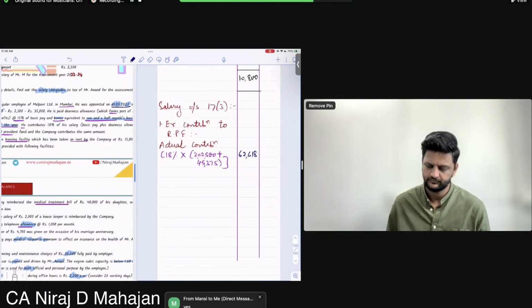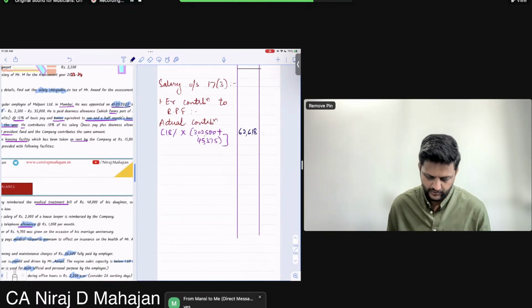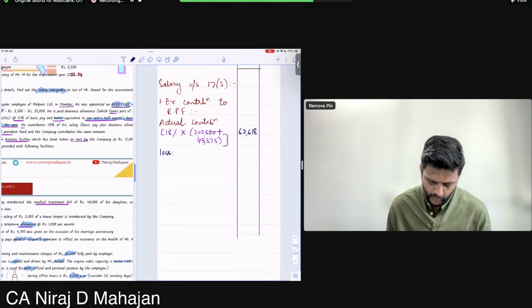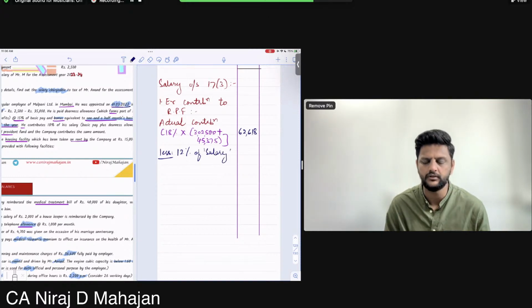Finally, less: how much do we allow? 12% of salary. Salary for this purpose is basic plus DA.